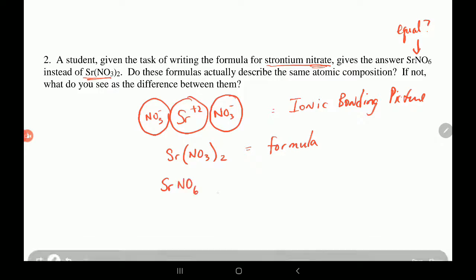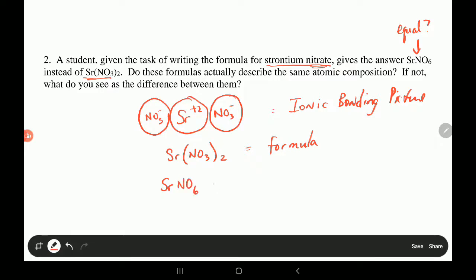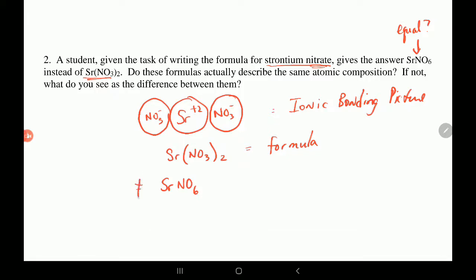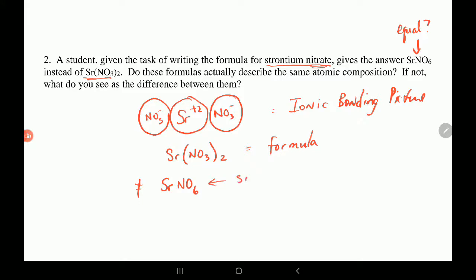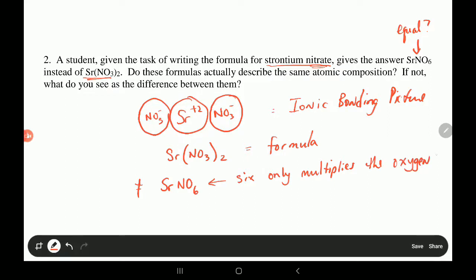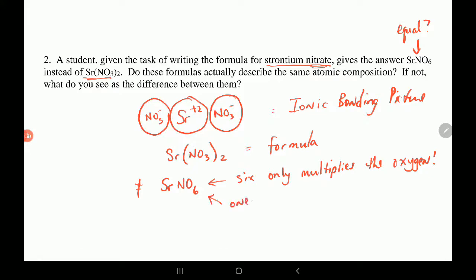All right, so if I write that, SrNO6. This is not the same as the one before, so it's not equal to, because this 6 only multiplies the oxygen, not the nitrogen. And just as we saw earlier with the zinc hydroxide, there are more than one nitrogen here. So this is one nitrogen and 6 oxygens.